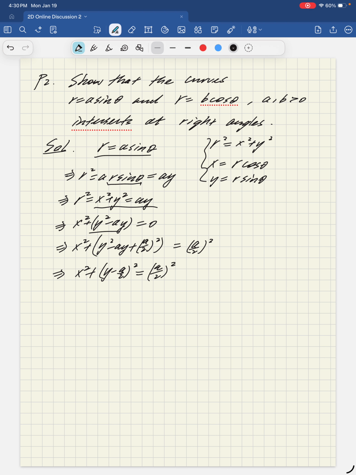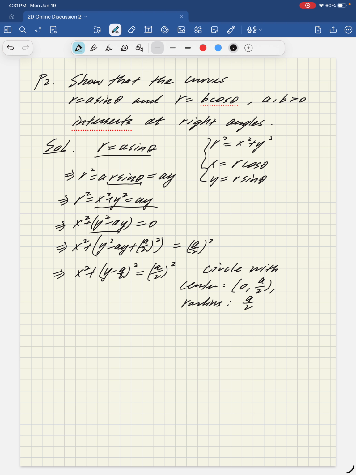And this indeed is the equation for a circle, with center (0, a over 2) and radius also a over 2.